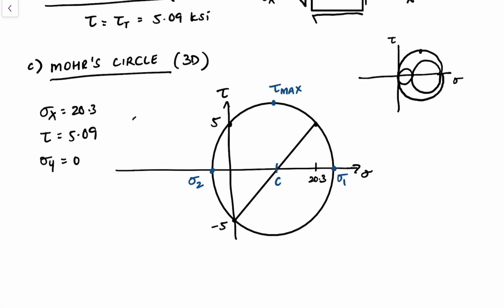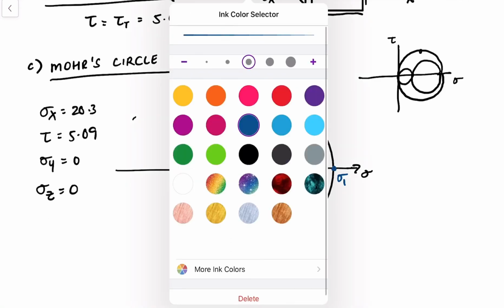And if I were to draw a 3D Mohr circle, I also need to realize that sigma z is equal to 0. So I'm going to have another stress state here. And that means that is going to be sigma 2, and this is going to be sigma 3.